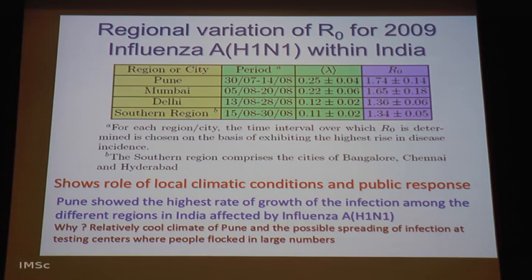We included these three because they are well connected through bus as well as train routes, and the number of infected cases is also slightly less in Hyderabad compared to Pune and Mumbai. That's why we have taken them.